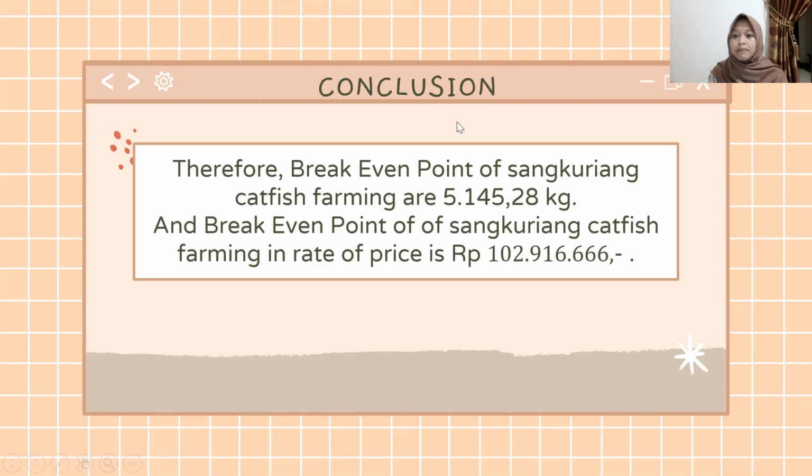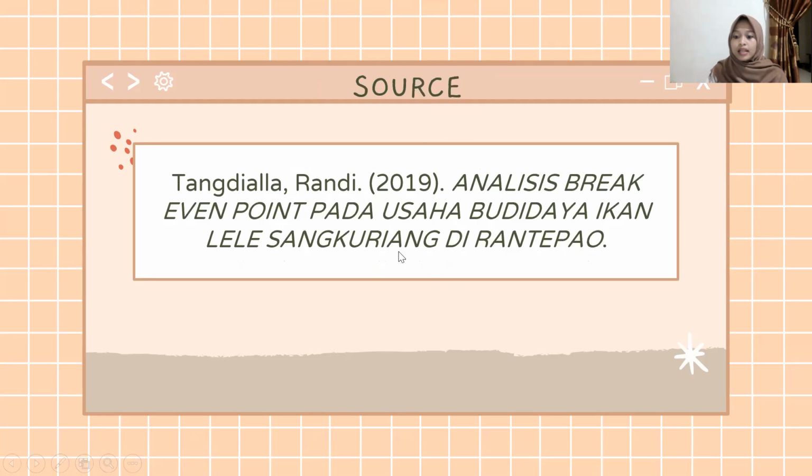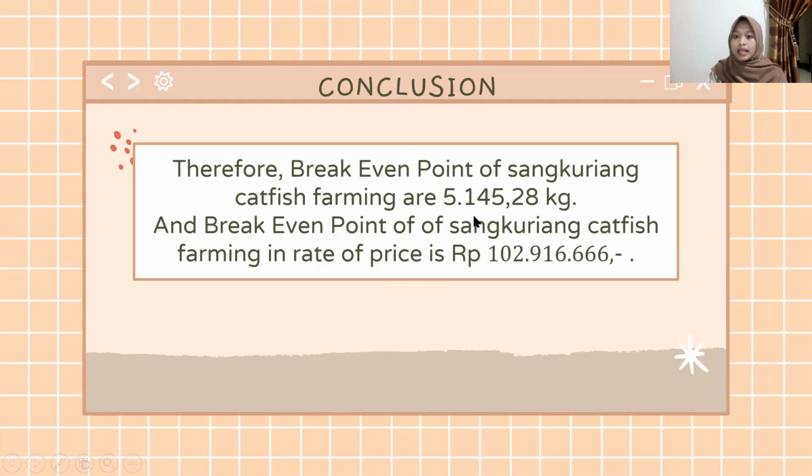This is the minimal kilogram that has to be harvested from the Sangkuriang catfish farming, 5,000 and so on kilogram, and this is the minimal total selling price of Sangkuriang catfish farming that has to be reached to avoid the loss of this business.